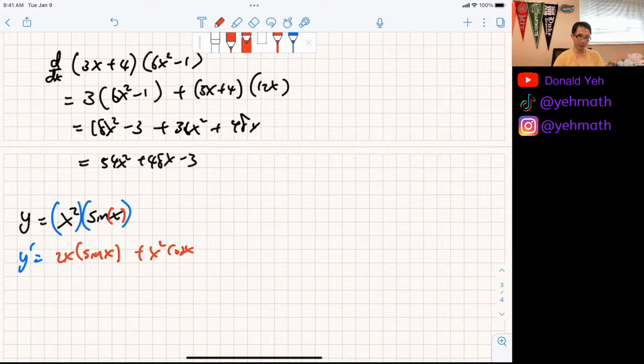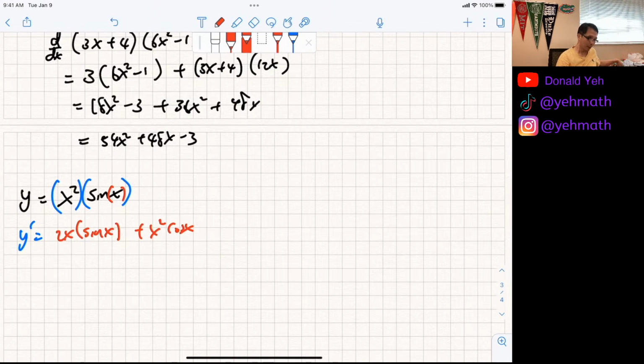You can factor out x, but that's about as much as you can do. Okay, so I'm going to give you a second case. Remember, this one you cannot distribute. No other way but product rule.